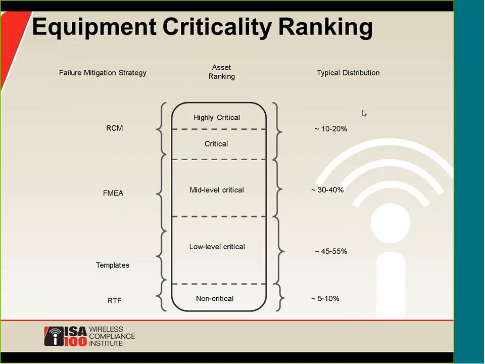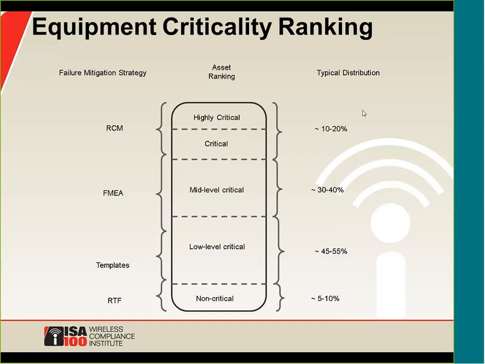The approach for ranking equipment by how critical it is and what type of failure mitigation strategy applies is presented here, and it runs the full spectrum from run to failure at the bottom. There are some pieces of equipment that are so low cost you just run them until they break. When they're broken, you replace them with a spare, and there's no impact on production.